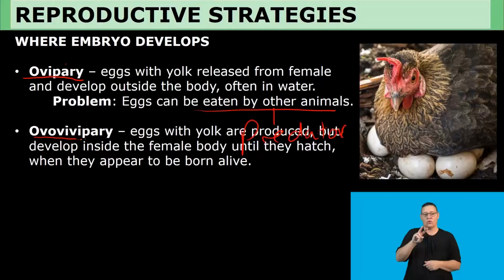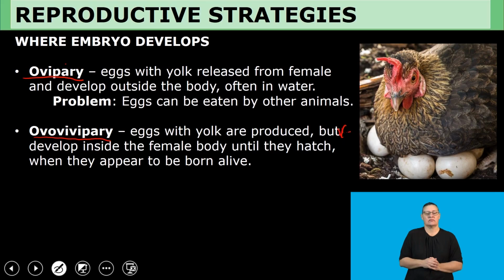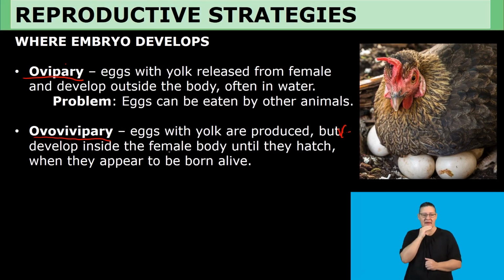Ovovivipary. Now here in ovovivipary, let me get rid of this predator quickly. Good. Ovovivipary: eggs with yolk are produced, but they develop inside the female body until they hatch, when they appear to be born alive.